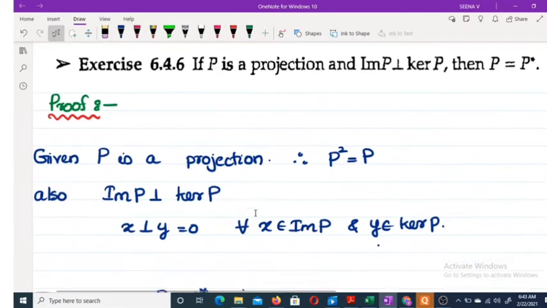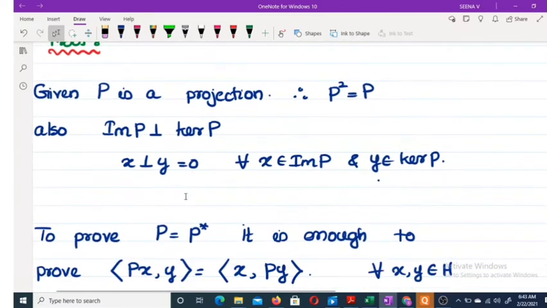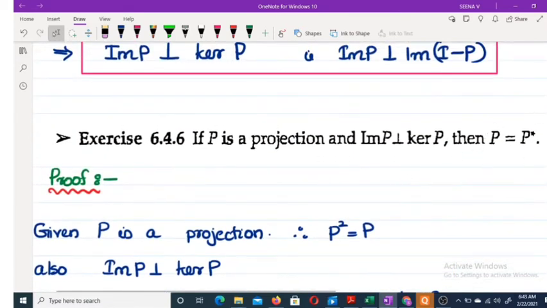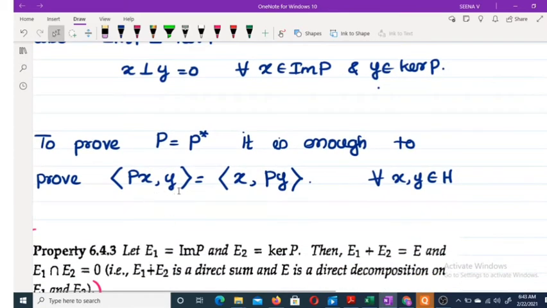Given P is a projection, therefore P squared equals P. Also image P orthogonal to kernel P implies x is orthogonal to y for every x in image P and y in kernel P. So first, what do we have to prove? We have to prove P equals P star, that is, inner product of Px, y equals inner product of x, Py for every x, y in H.